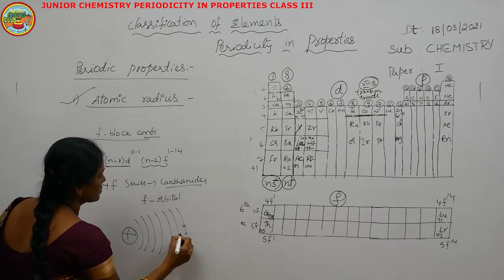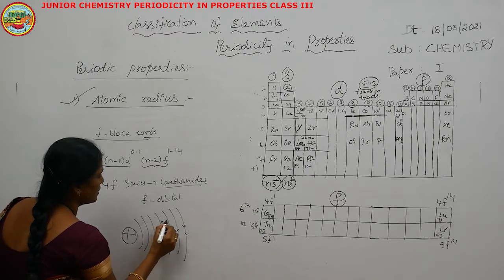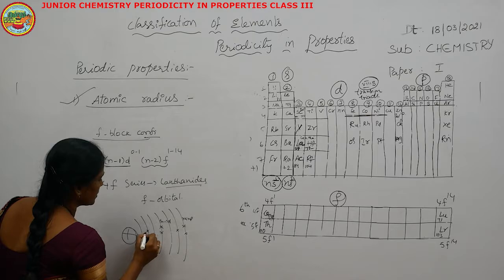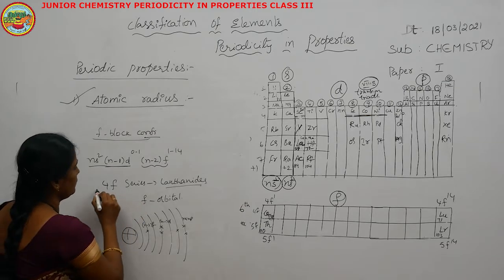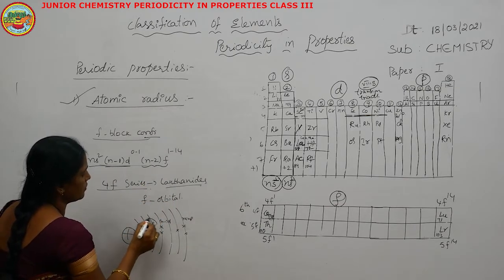This is called the outermost shell, and this is the penultimate shell, (n-1)d and ns-np, and these are inner shells, (n-2)f, called the antepenultimate shell. So in case of f block elements, lanthanides, the electron enters into the f orbital.